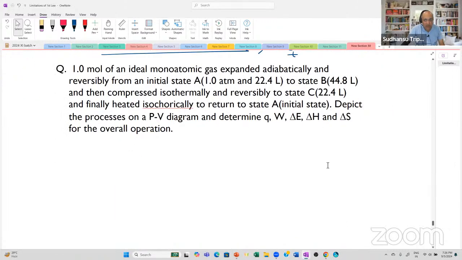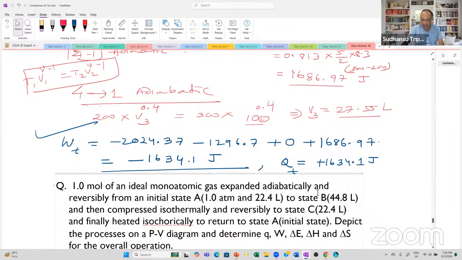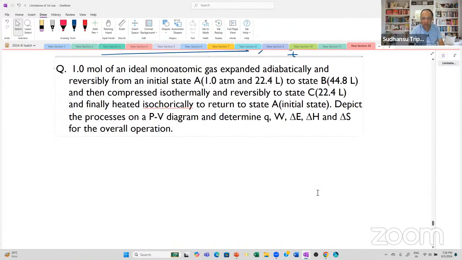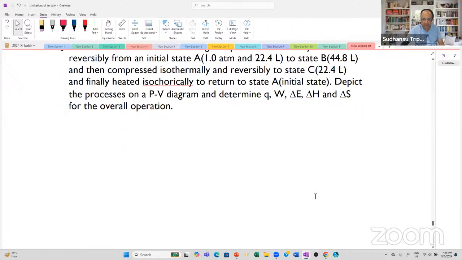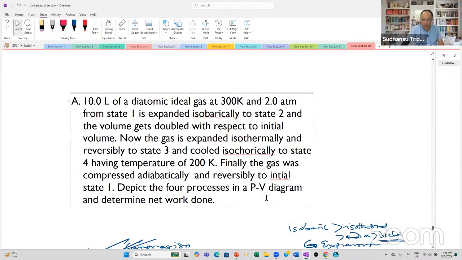I think these other two are pending with you. This one is a cyclic process. You do it at home, which Mr. Omkar says he has done. Have you done? Yes, sir. And what about this one? No, this one we are doing. Now, what is this one?